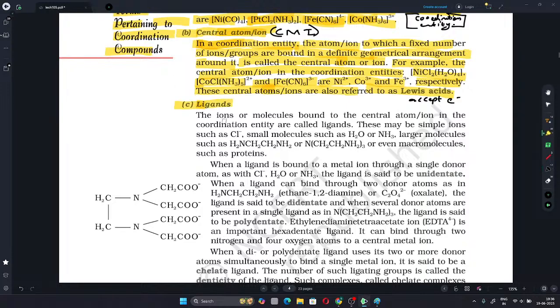Ligands, the third one. The ions or molecules bound to the central atom in the coordination entity are called ligands. These may be simple ions such as chloride, small molecules such as water or NH3, larger molecules such as H2NCH2CH2NH2, or even macromolecules such as proteins.